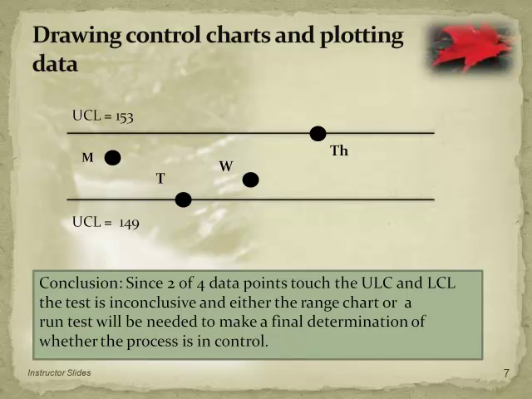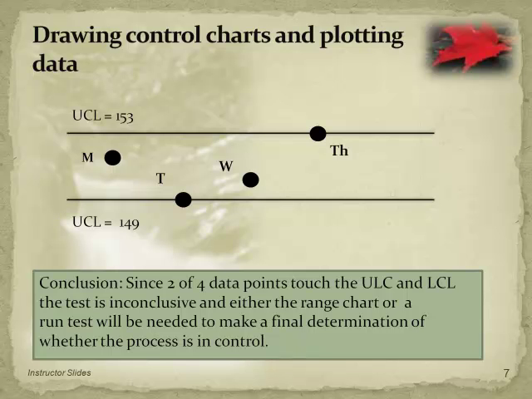What confuses them is they're not exactly sure what data to plot once they have their control limits. So it basically goes like this. If this is an X bar chart, the data that I'm going to plot is X bar data. Remember, X bar data is the average of the data in an individual sample.